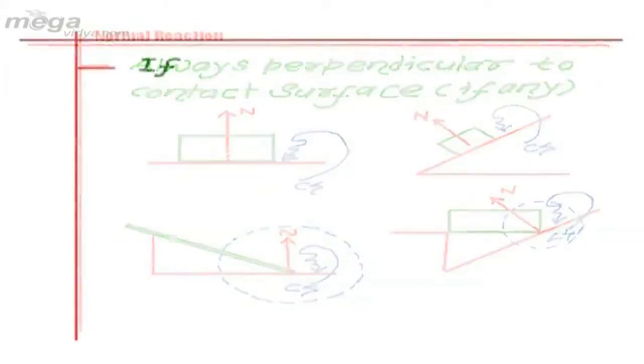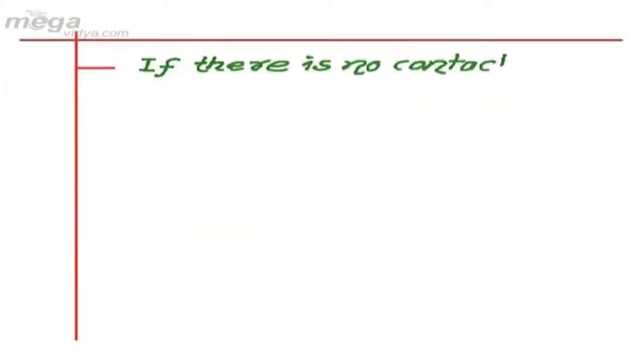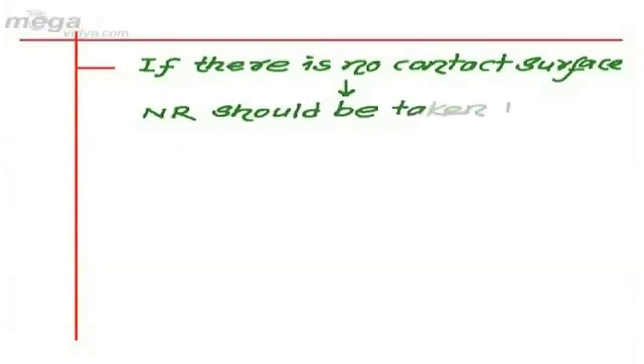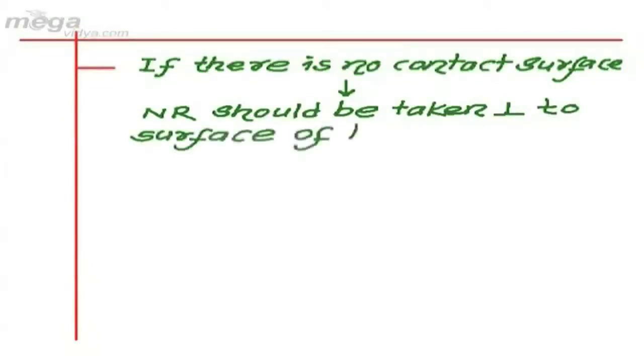If there is no contact surface, what is the meaning of that? It means the contact of the body is with some edge or a point. Just consider two or three examples. If this condition occurs, then normal reaction should be taken perpendicular to the surface of the body.